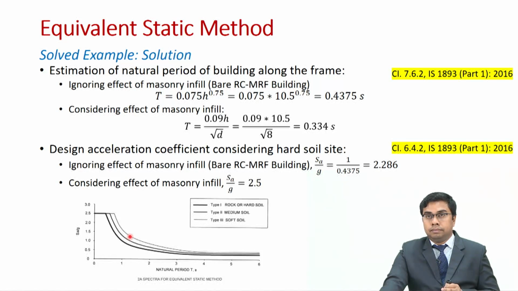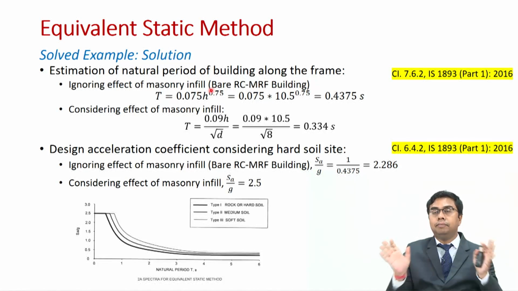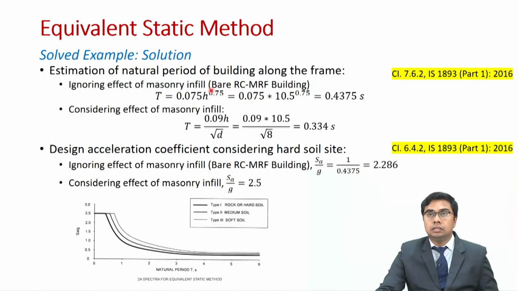of the building. So, for calculating the natural period of the building, in this case, since our building is comprising of reinforced concrete moment resisting frame building, we can have two different cases. If we ignore effect of masonry infill, that is, we are considering only the framed building, then in that case the natural period shall be given by this expression.